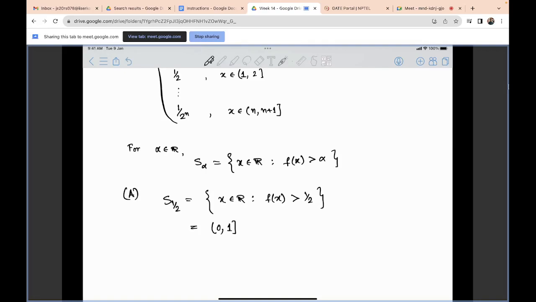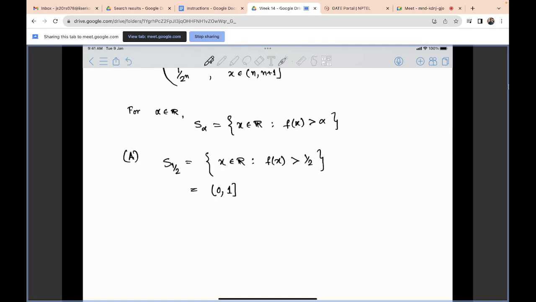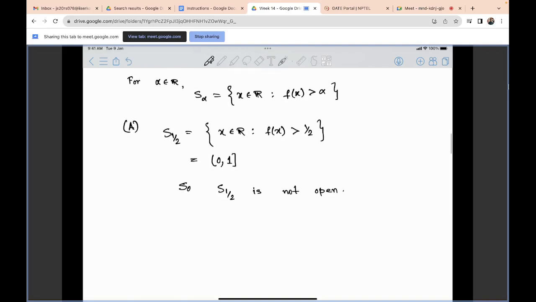Is this set open? This is not open, because 1 is not an interior point. So S half is not open. Right, so option A is false.